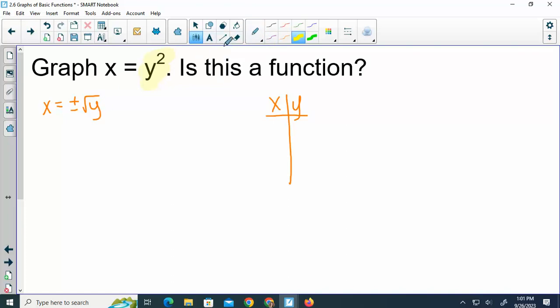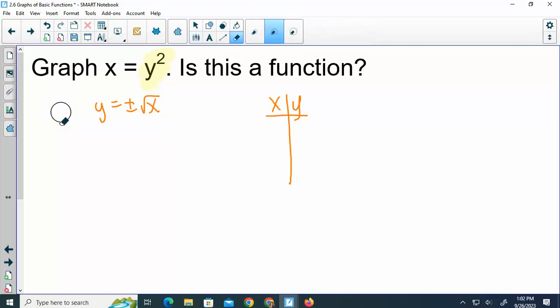I wrote this backwards, didn't I? This should say y equals plus or minus the square root of x. And if you're using this equation, then it would be easier to plug things in for x and get your y. So just a difference in how you think about it. Either way, we're going to get the same points on our graph.